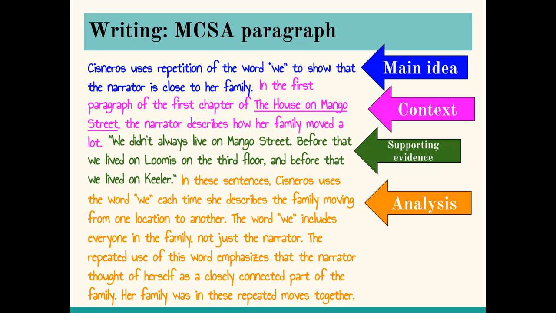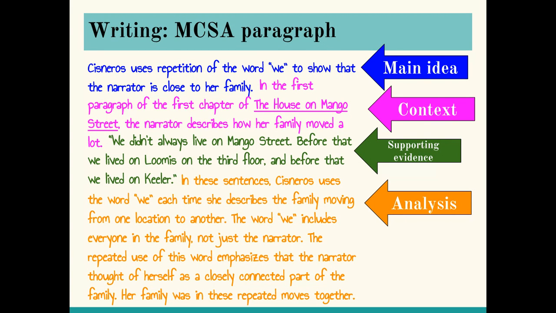In these sentences, Cisneros uses the word we each time she describes the family moving from one location to another. The word we includes everyone in the family, not just the narrator. The repeated use of this word emphasizes that the narrator thought of herself as a closely connected part of the family. Her family was in these repeated moves together.